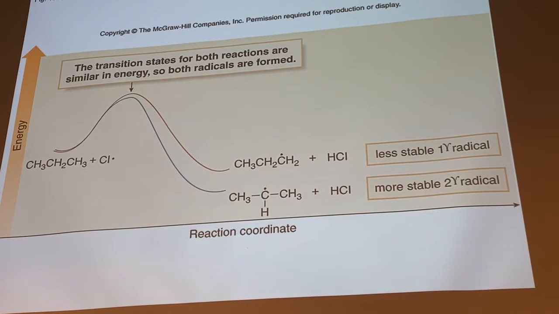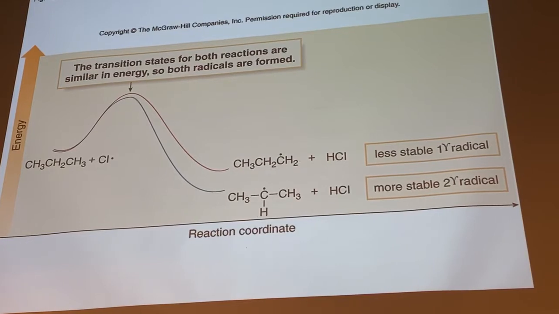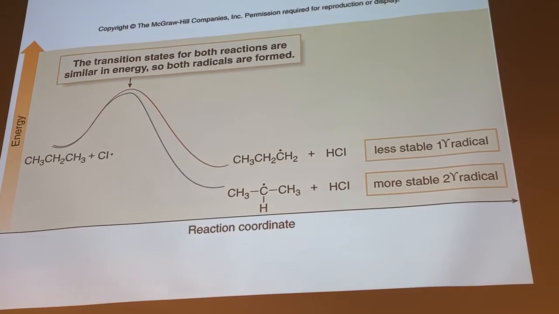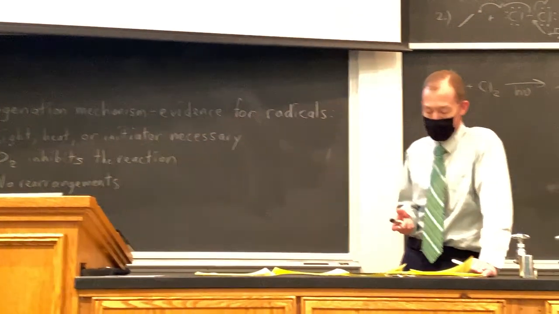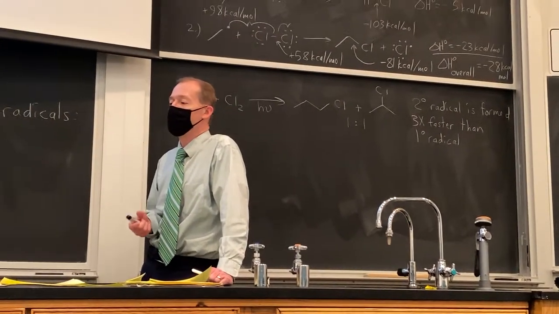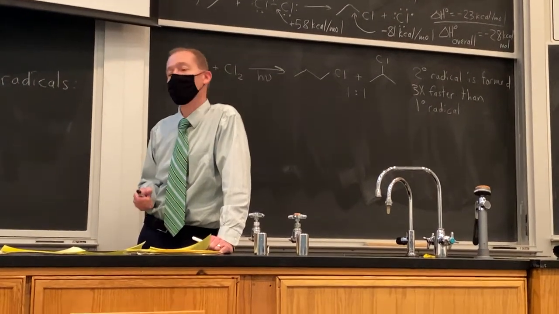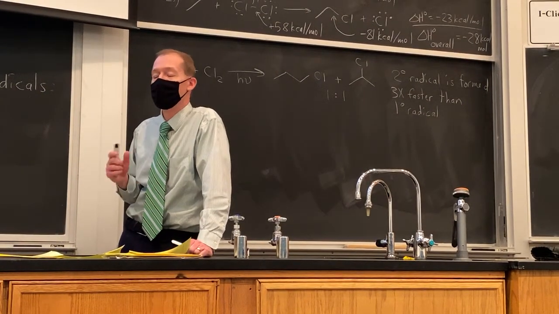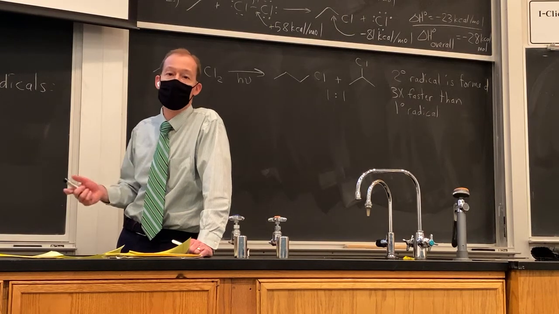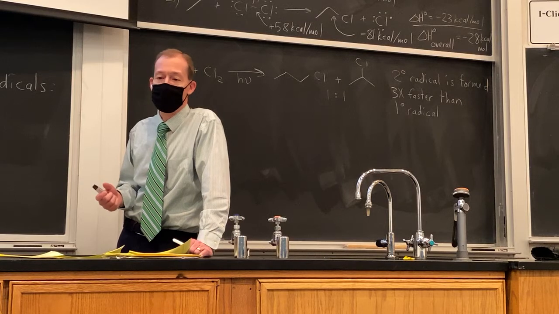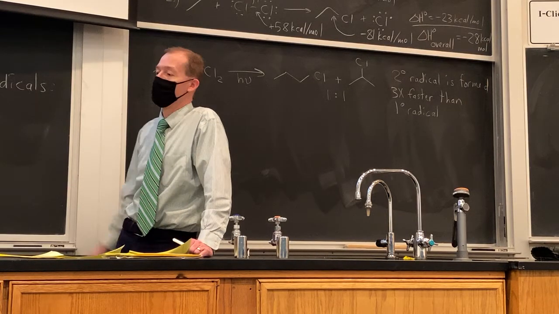So what that means is that in a chlorination reaction, we're going to form all possible products, all possible chlorination products, and we're going to form them in roughly equimolar amounts. There will be small differences, but for our purposes, to simplify things in the class, when we're performing a chlorination of an alkane, we will form all possible products in essentially equimolar amounts, okay?